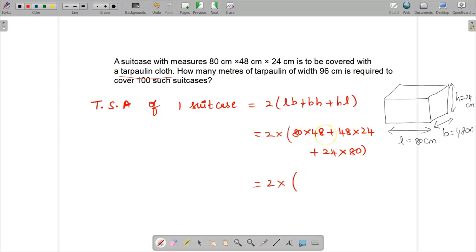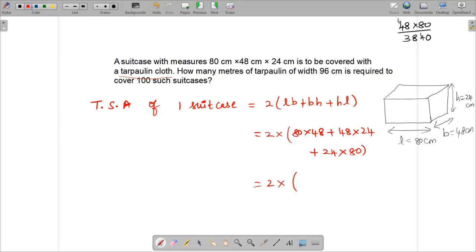So multiply these values. 48 into 80: 8 8s are 64, then 6 carry; 8 4s are 32, 32 plus 6 is 38, and then you have the 0.